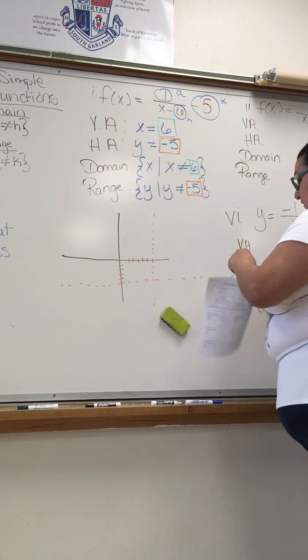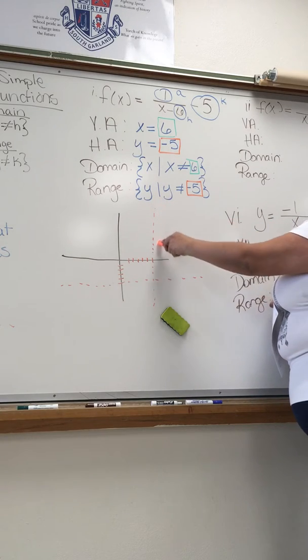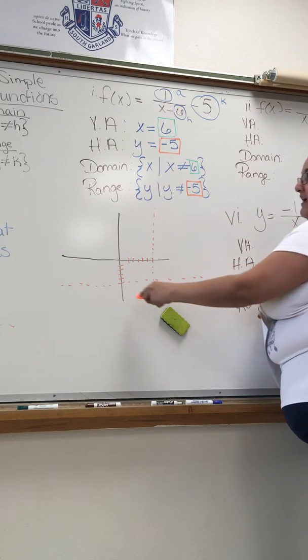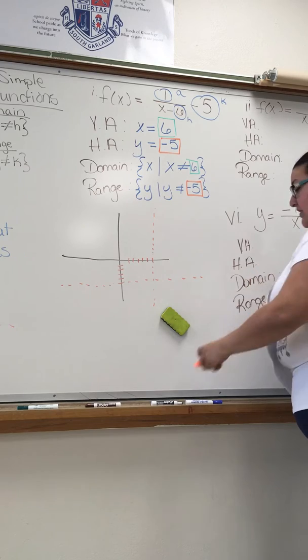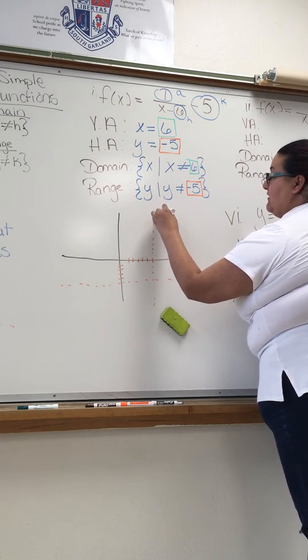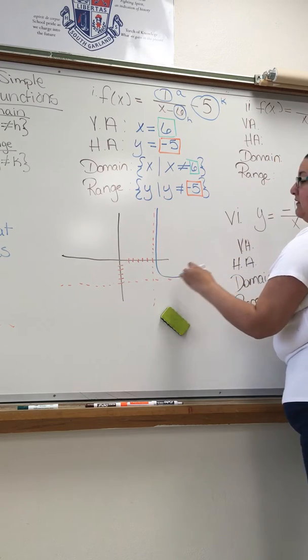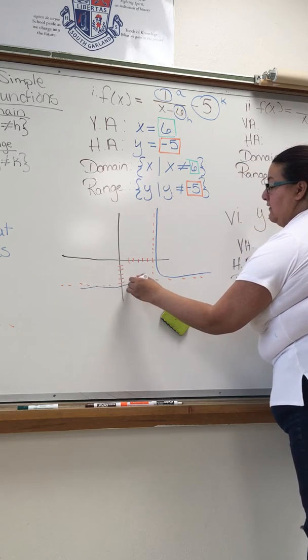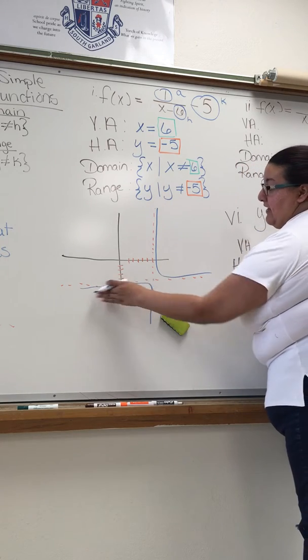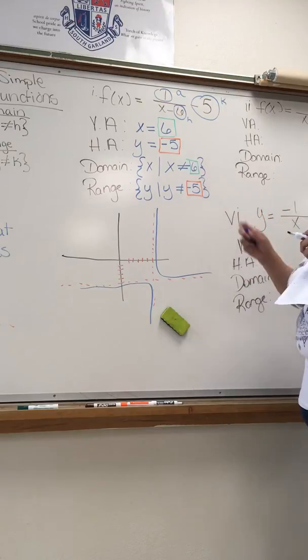So all it's telling you is you're going this way and you're going this way. You're not reaching it, you're just getting close to it. Sorry that it's a little wonky, my bad. But that is what this is right here.